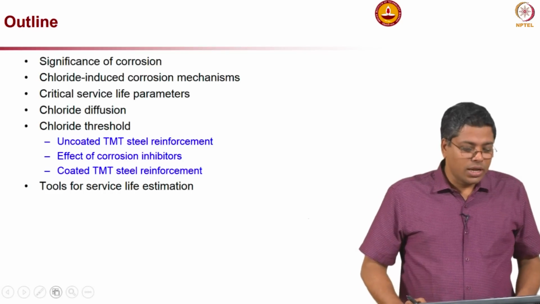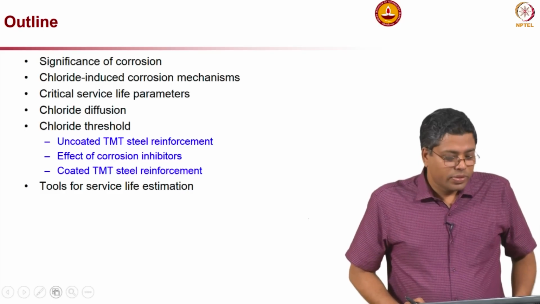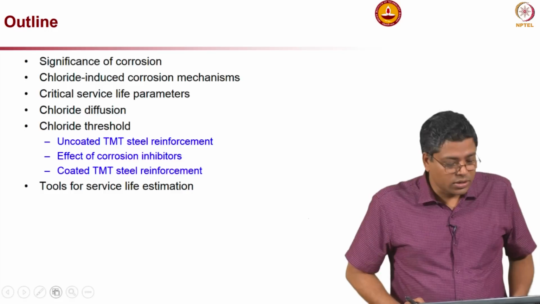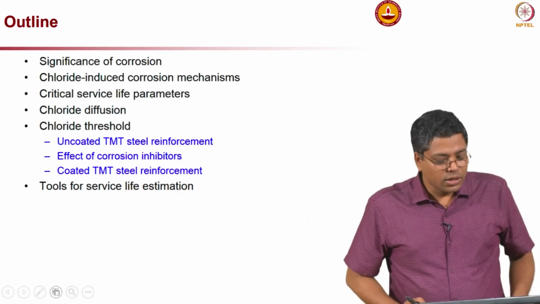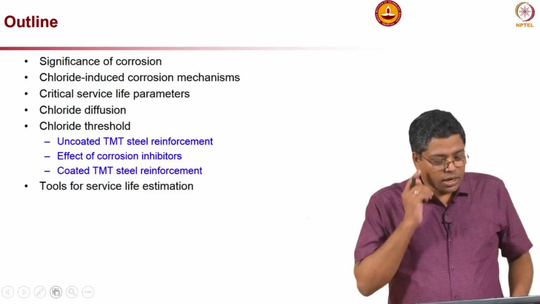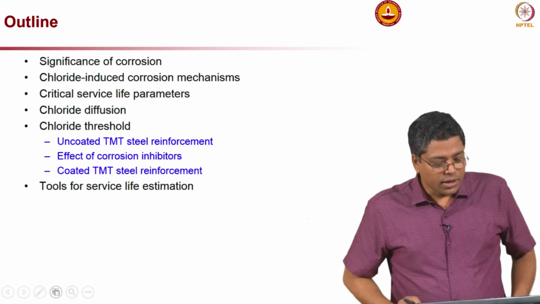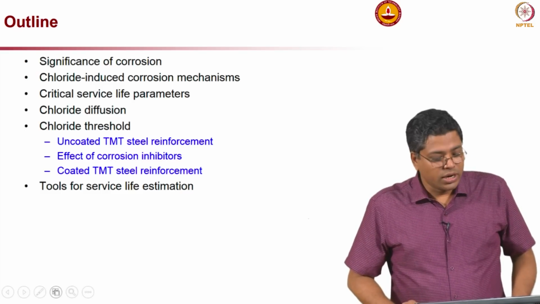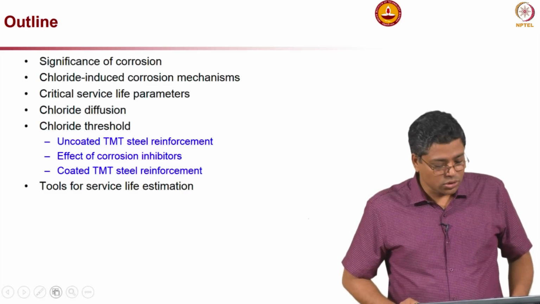So, the outline of the lecture is, first we will look at why the corrosion is significant or why we really need to worry about it, and then looking at some mechanisms of chloride induced corrosion, especially in concrete structures, and then critical service life parameters, and two parameters which we will be looking at mainly is chloride diffusion coefficient and the chloride threshold.